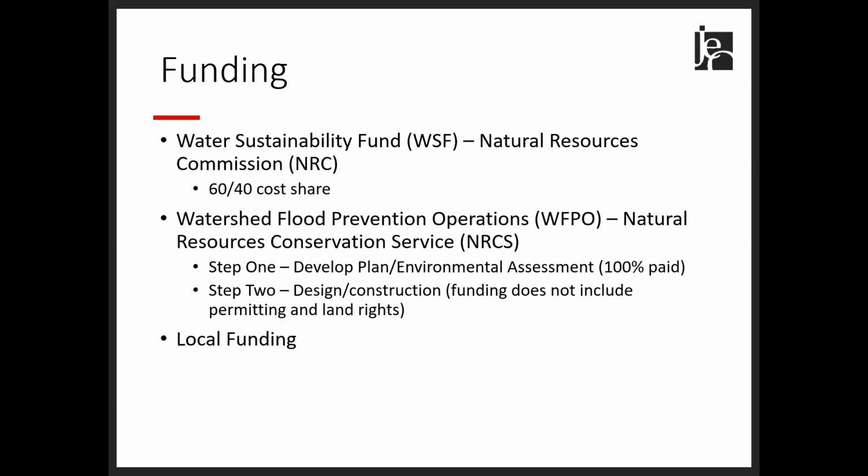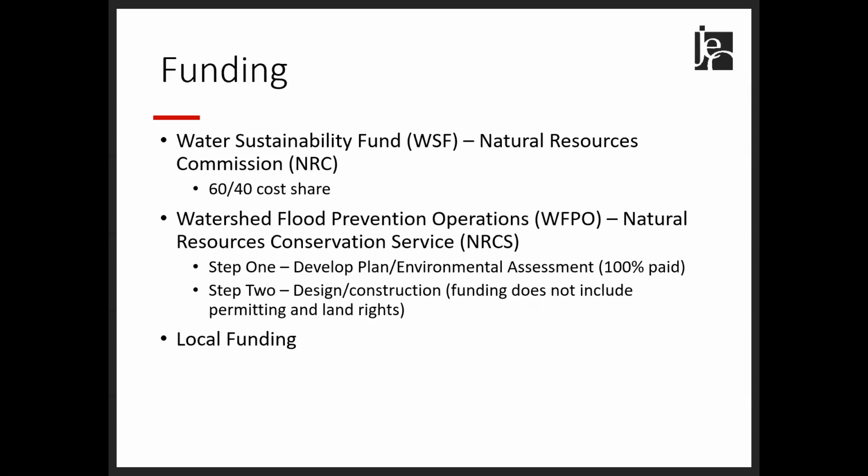The next applicable funding source is the Watershed Flood Prevention Operations, WFPO, through the Natural Resources Conservation Service, NRCS. The first step of that funding source would be to develop a plan and environmental assessment for the watershed. That would be 100% paid by the NRCS program.